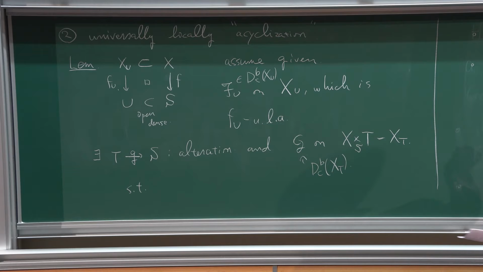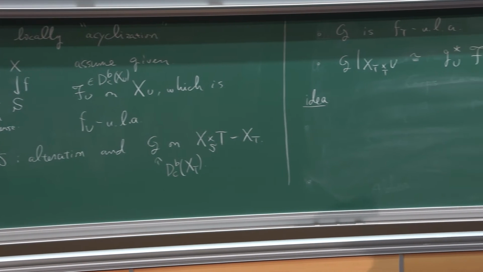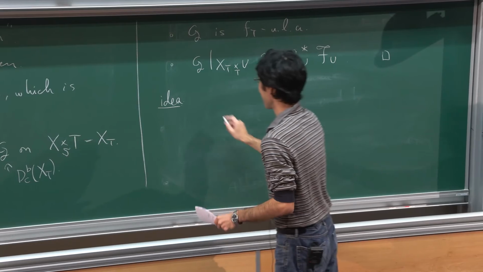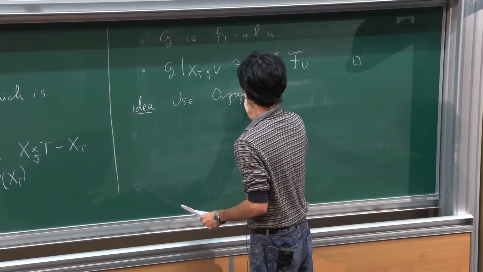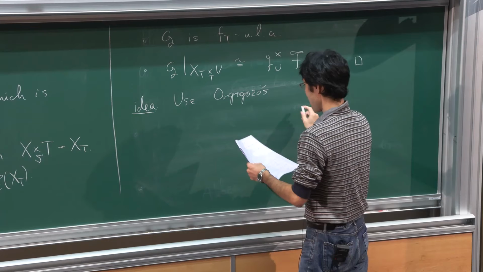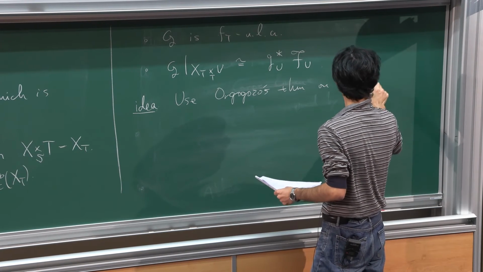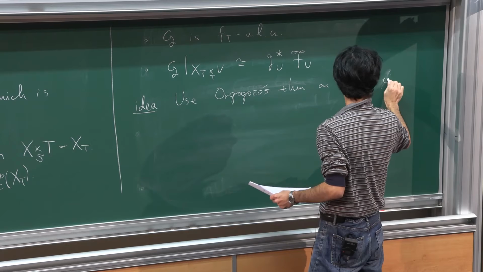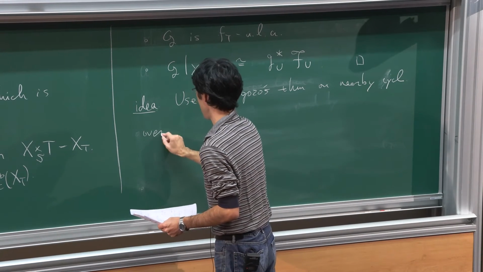So the idea of the proof is as follows. I don't go too much into the detail of the use of the Orgogo theorem on nearby cycles over general base.